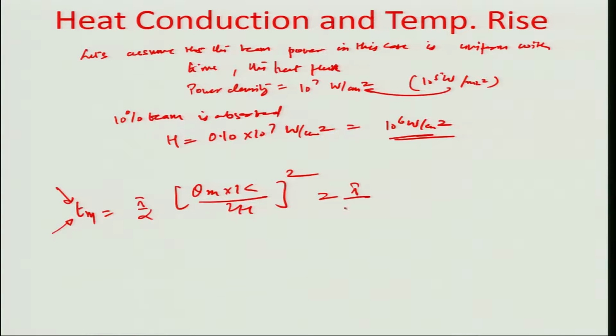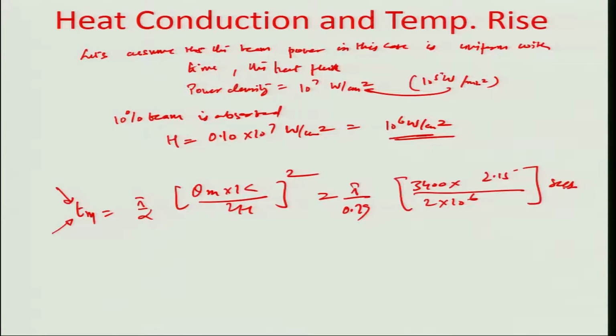In this case, the alpha value is 0.79 centimeter square per second, and theta m is obviously 3400 degrees, the K value is 2.15 watt per centimeter degree Celsius, and the heat flux here is 2 times 10 to the power of 6 watts per centimeter square.